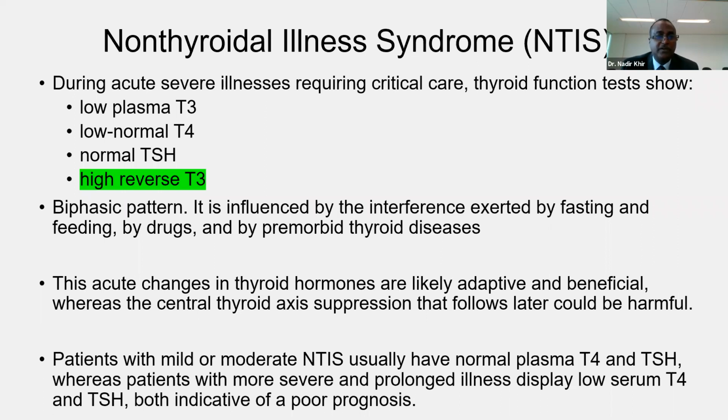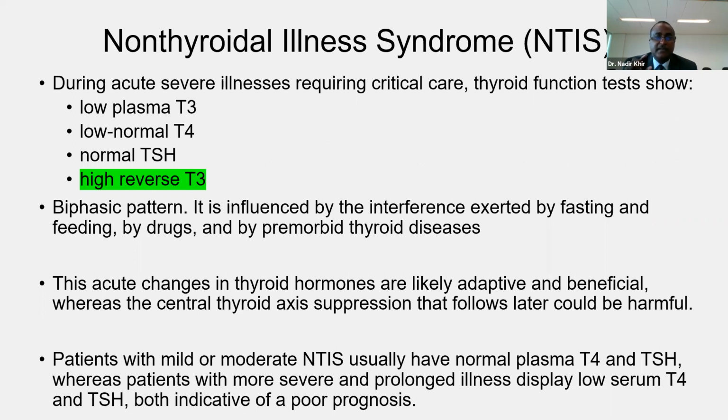The T4 will be low, but the TSH will be normal or a little bit high. Then you'll be asked whether you should treat this patient in the ICU because his fatigue is not responding. Then you tell them, get reverse T3. If the reverse T3 is very high, that confirms your diagnosis. This is non-thyroidal illness syndrome. And you tell them, I will see the patient after discharge from the hospital in your clinic in 6 weeks. And that usually solves the problem.